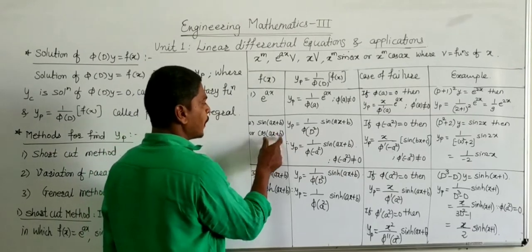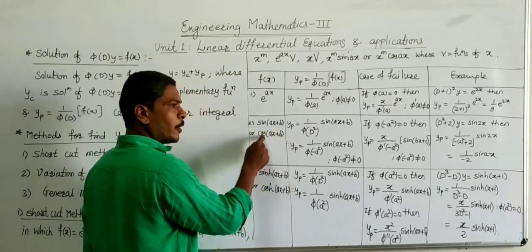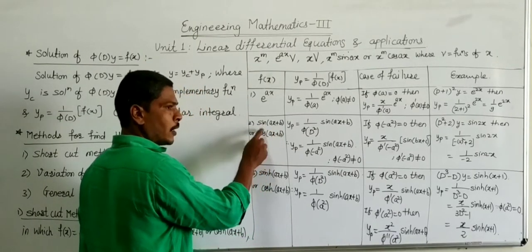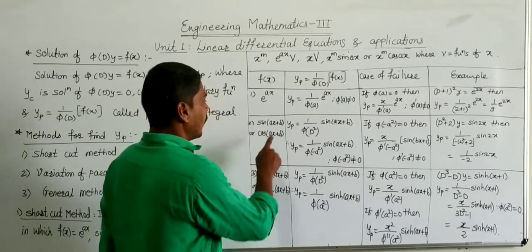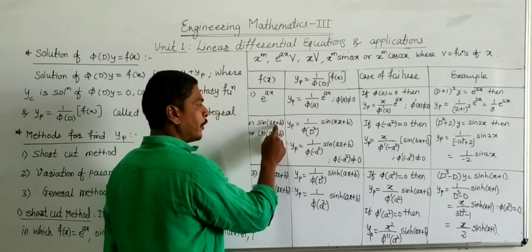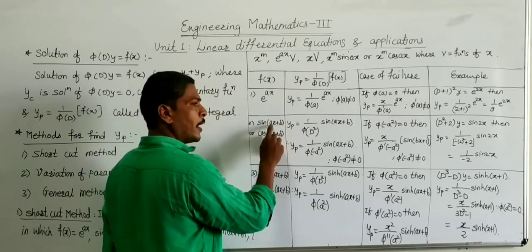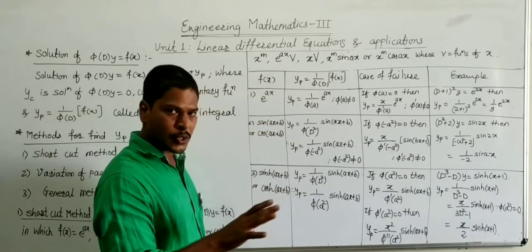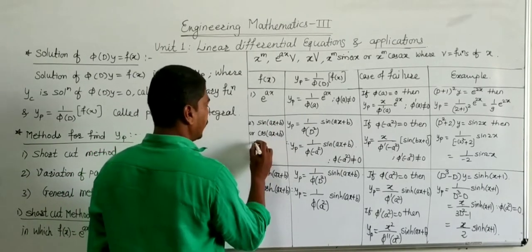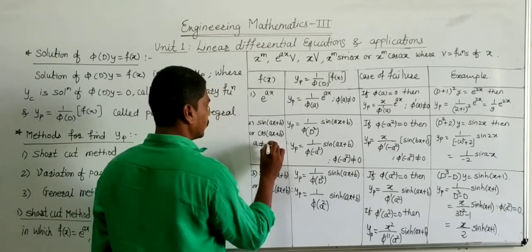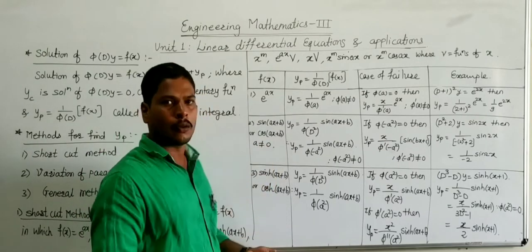Now the second case is if f(x) is a trigonometric function, sine or cos, either one of these two. And the angle is a linear factor of the variable x, ax plus b, where a and b are constants. Here a is non-zero and b is either 0 or non-zero.